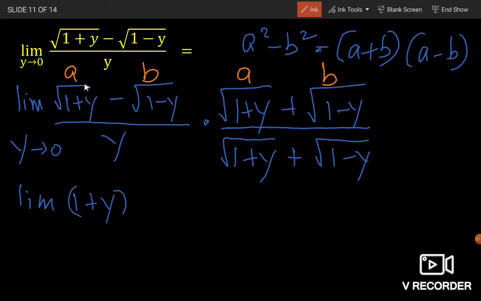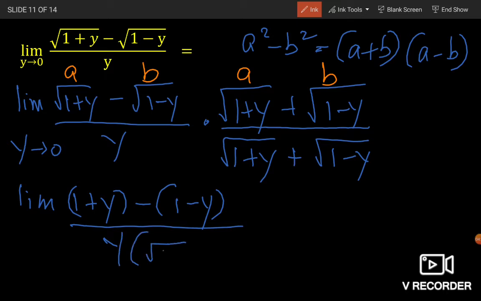So the square cancels the square root, and you're left with 1 plus y, minus the square of square root of 1 minus y. The square root is cancelled by the square. This now becomes 1 minus y, over y multiplied by square root of 1 plus y plus square root of 1 minus y, the limit as y approaches 0.